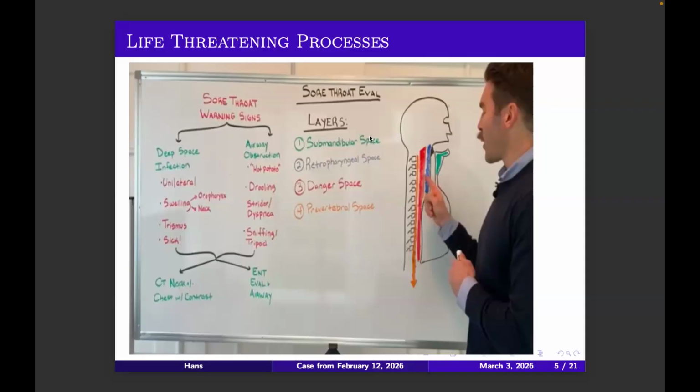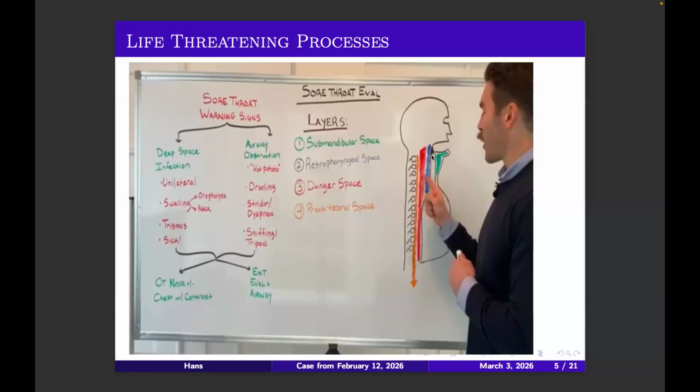The submandibular space is the green one. And swelling and abscess in this space is known as Ludwig's angina and can be secondary to an infection in the mouth, such as a tooth infection. Now, if that infection reaches the next layer, which is the retropharyngeal space, then an abscess there with inflammation can cause a thrombosis of the jugular vein, which in turn is known as Lemierre syndrome and is very serious.